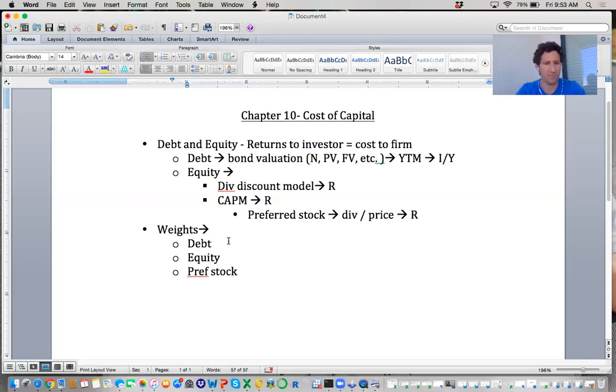To find that, we'll also need to know how much, what's the value of the firm overall. Okay, so we'll find a total dollar amount of the firm. We'll also find the dollar amount of each of these: debt, equity, and preferred stock.